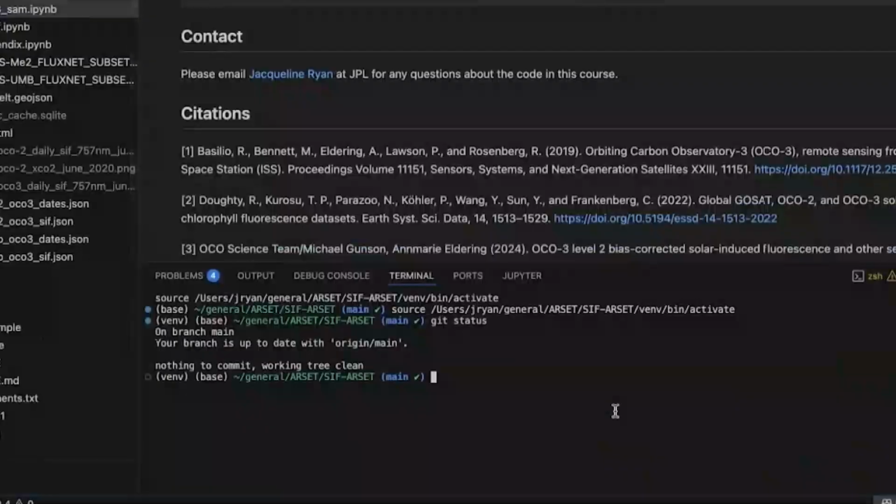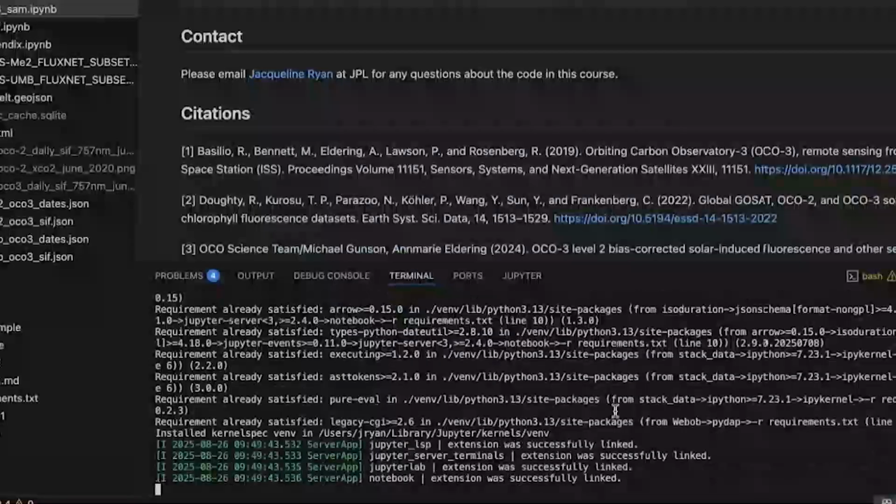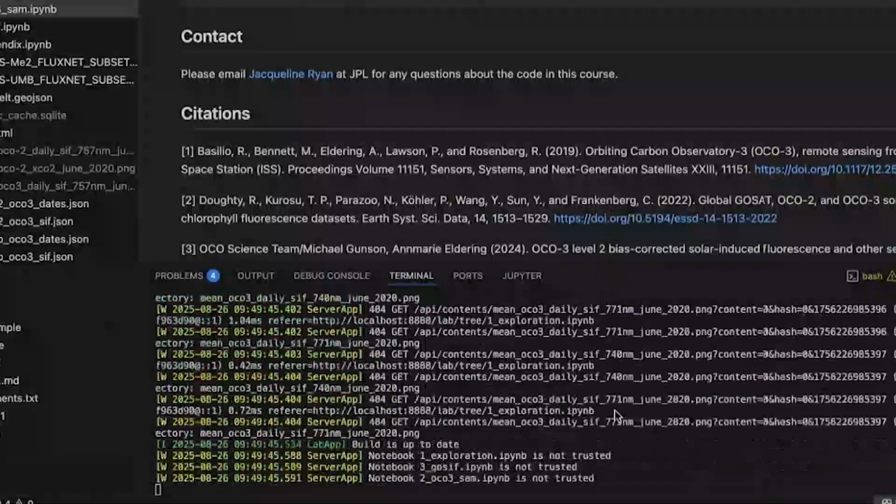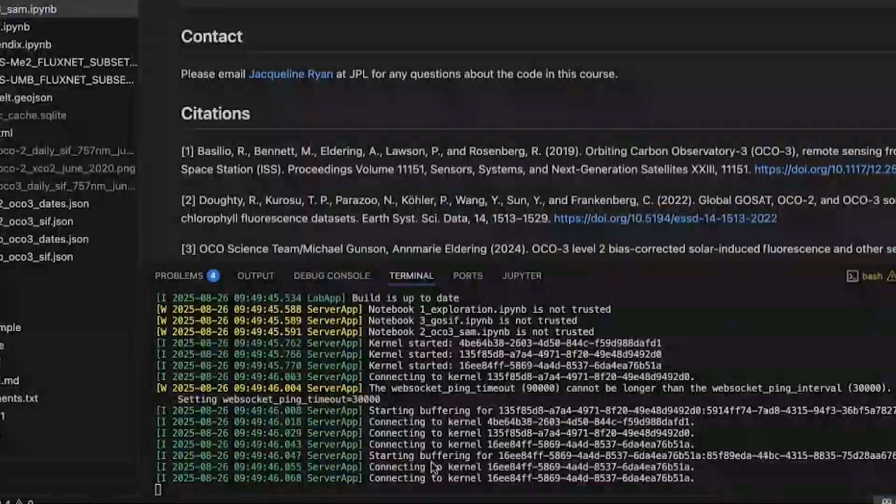And I'm going to run the setup script that we ran in part 1 again. There's no harm in running this script more than once. When I do so, it's going to open the Jupyter Notebook in my browser. And we can see now I have the Jupyter server running.